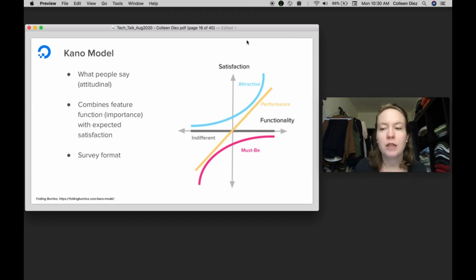It is delivered in a survey format typically, but it's a great way of understanding which features for your product are must-be or must-have features versus which are attractive features and which are really just indifferent to potential customers or your best customers. So it's a really good tool.